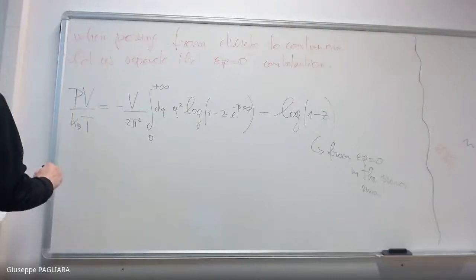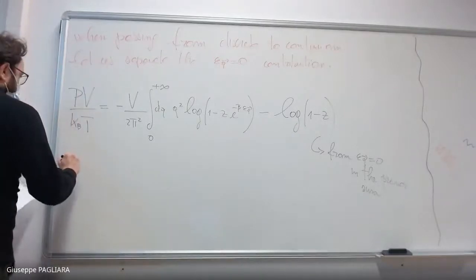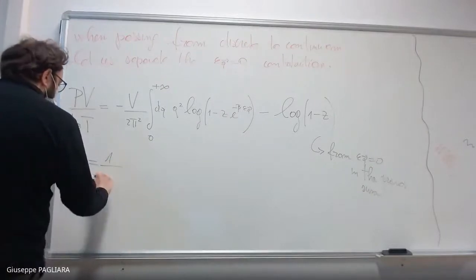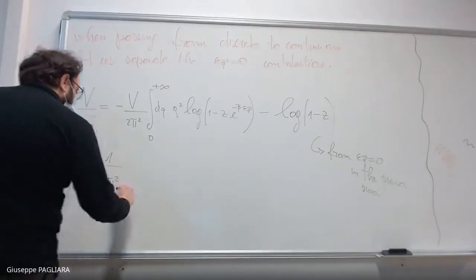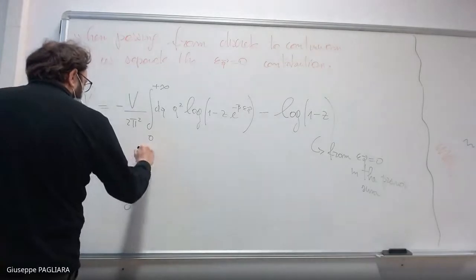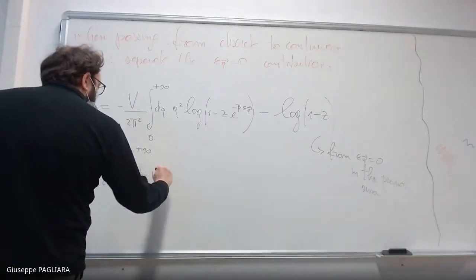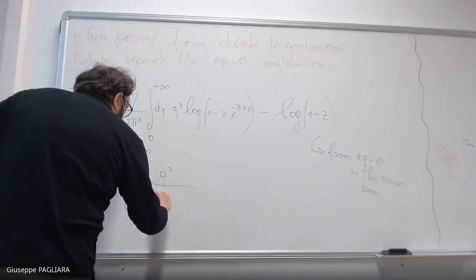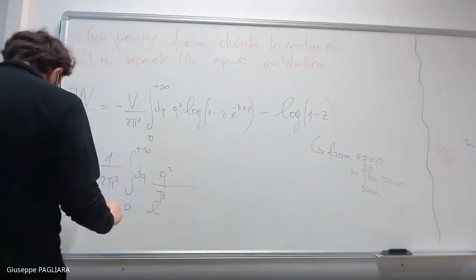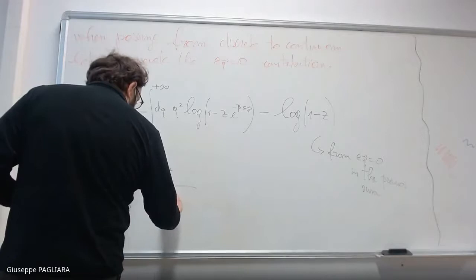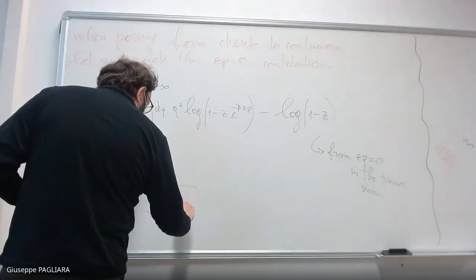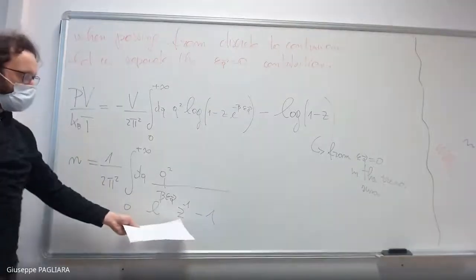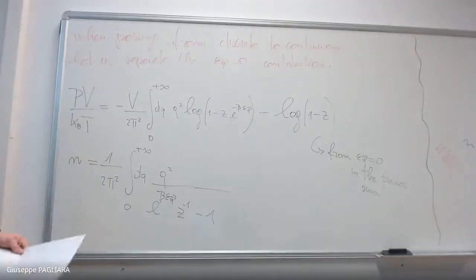And similarly for the density, I have an expression which will be the continuum, which as before is this quantity, dq squared, e to the beta epsilon q z to the minus 1, where this z is exponential of minus beta mu.